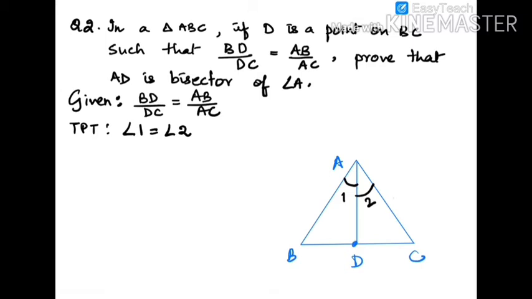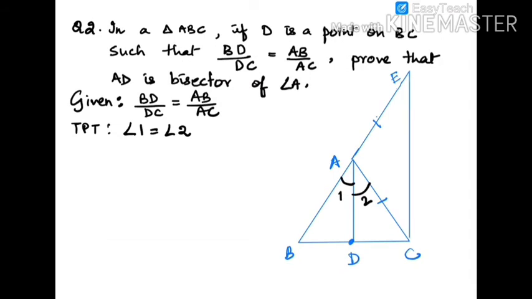So what we will do is we will extend BA to a point E such that AE is equal to AC, and then join the points E and C. So let's write down what we have done in the figure.